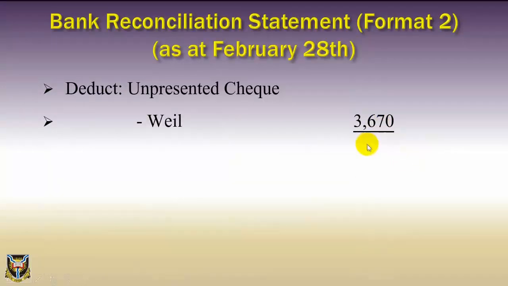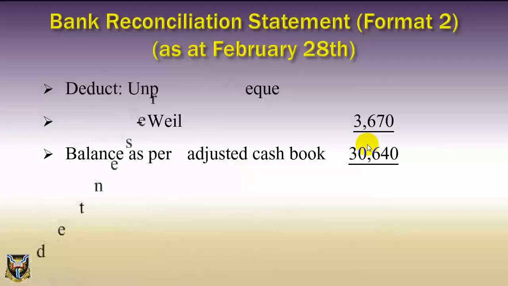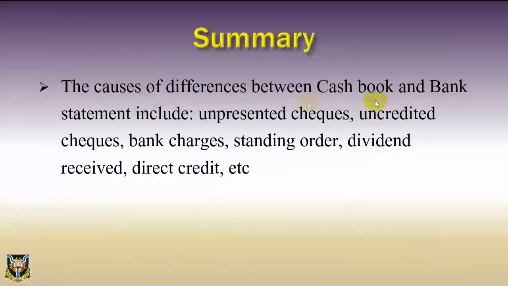Summary. The bank column of the cash book of a business organization should contain the same details as the records held by the bank because the bank column of the cash book and bank statement show the same transactions on opposite sides.